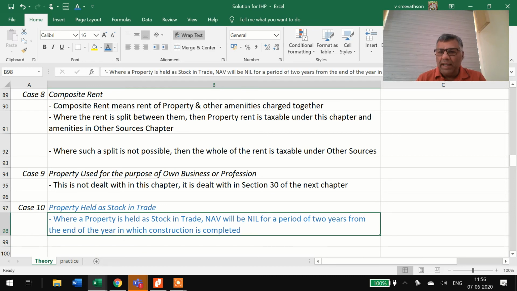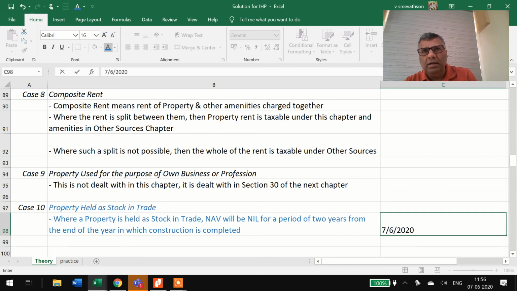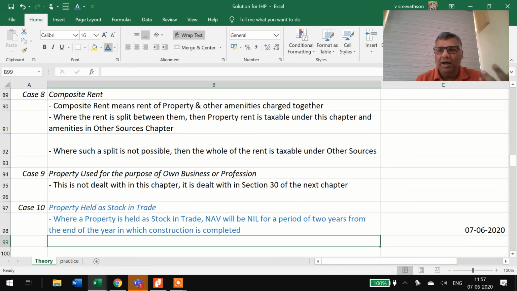So if I completed it, let us take, today 7/6/2020, then from 31/3/21, 2 years. From the end of the year, another 2 years, which means it can be more than 24 months that it can remain idle. After that, it will become a let out property.